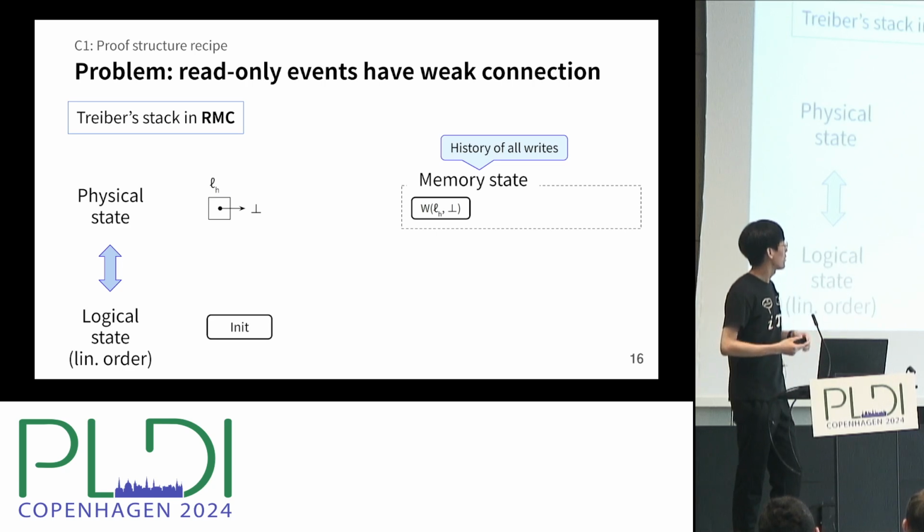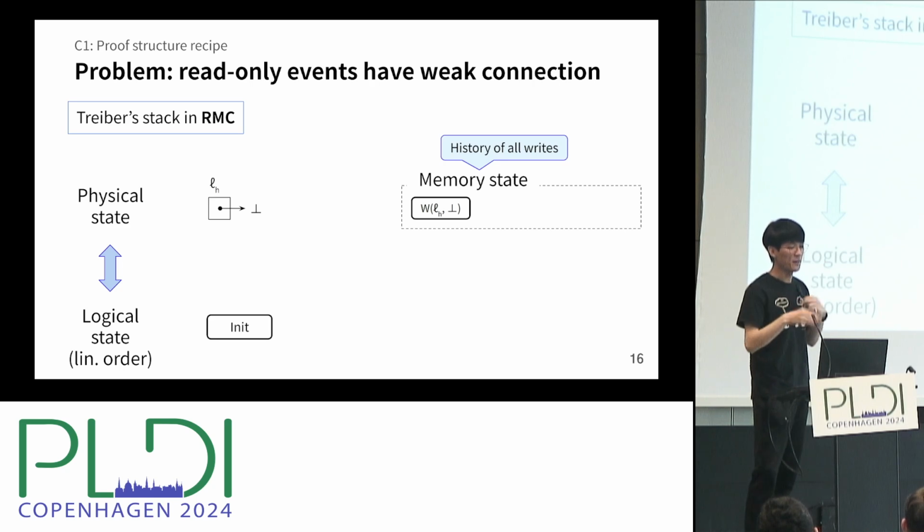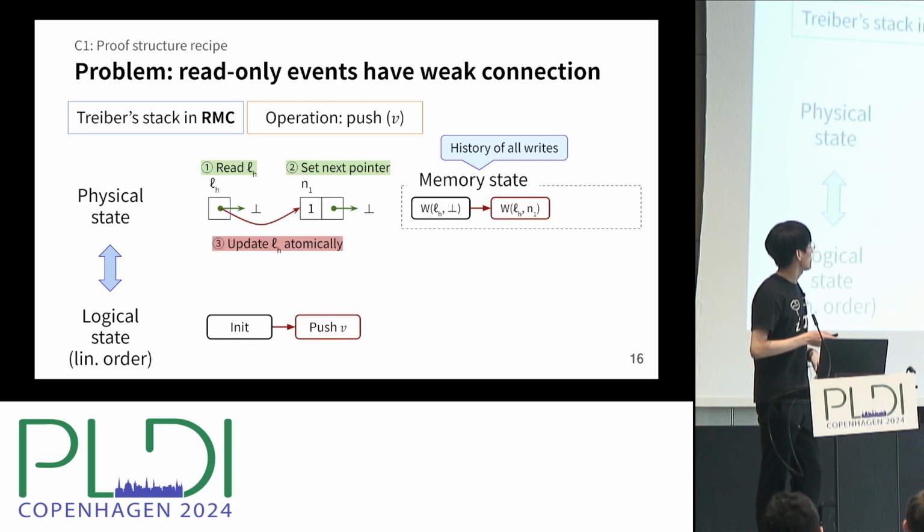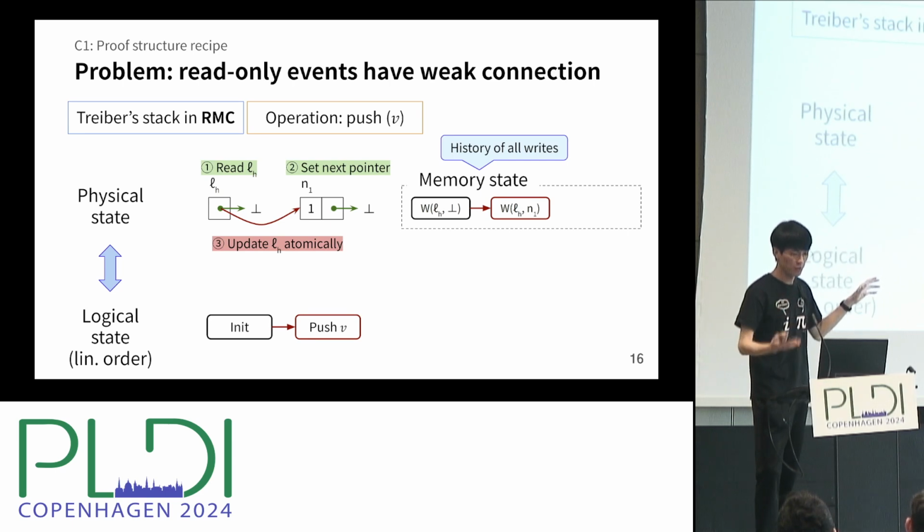In this setting, we are going to go through the high-level verification steps of the Treiber stack as we did before, and while doing this, we are going to find out what the problem is in relaxed memory consistency.